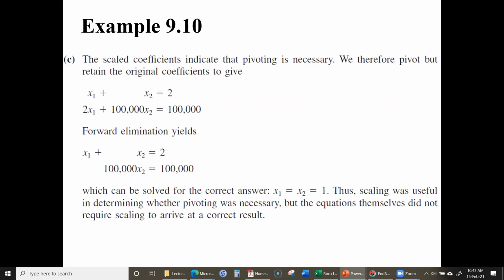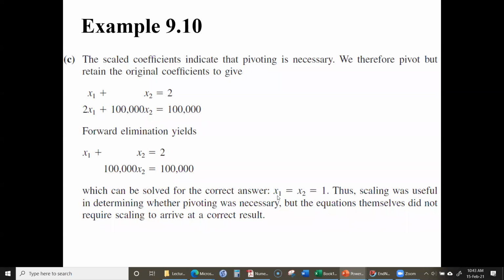Okay, and similarly for an ill-conditioned case, problem C, we can see that even if you don't scale it, but you just use the pivoting method, it can still be very helpful, and you can get good enough approximate results of 1 and 1.